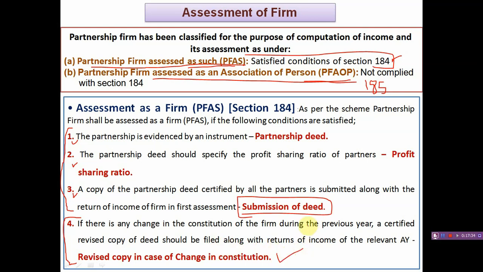These are the four conditions to be satisfied by the partnership firm to be assessed as firm. Almost all the questions asked in the examination are of the firm which is assessed as such.